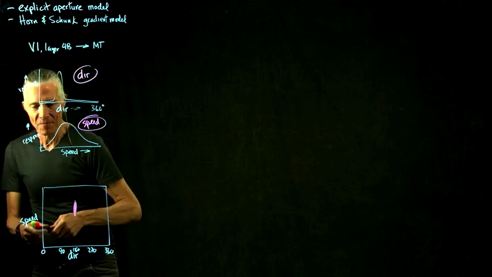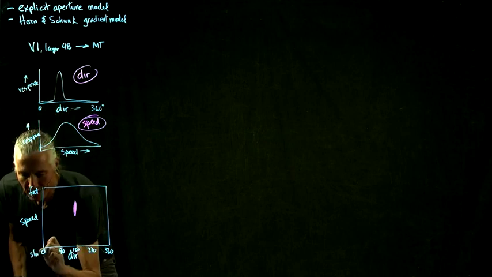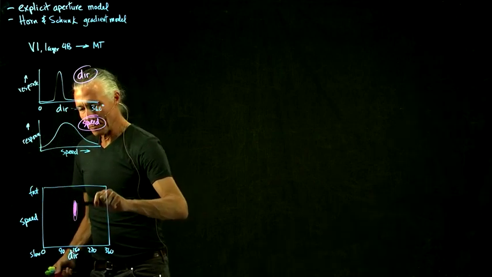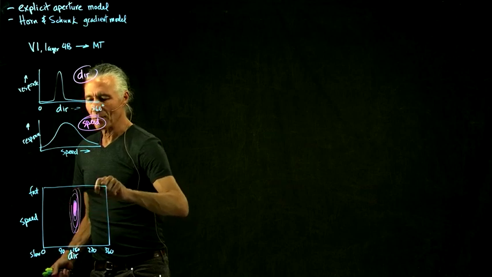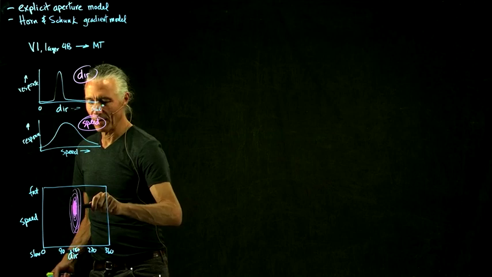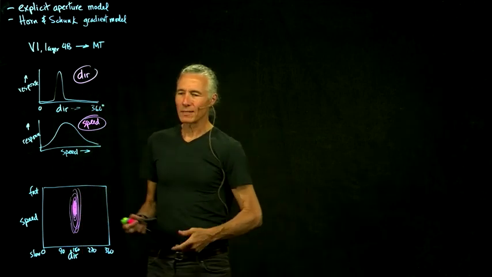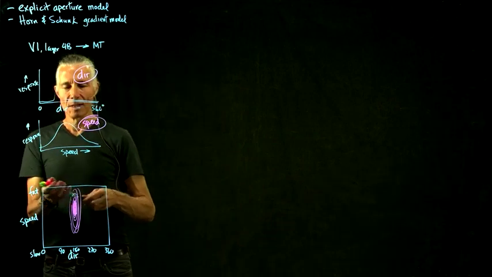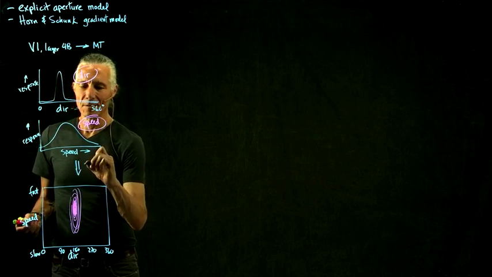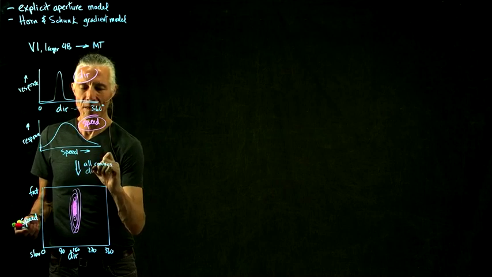So this is fast and slow. If you make the speed wrong, it doesn't respond as well. If you make the direction wrong, it's really sensitive. It really likes 180, and by the time you get to 90, there's no response. That's what you'd really have to do to characterize a cell: all combinations of direction and speed.